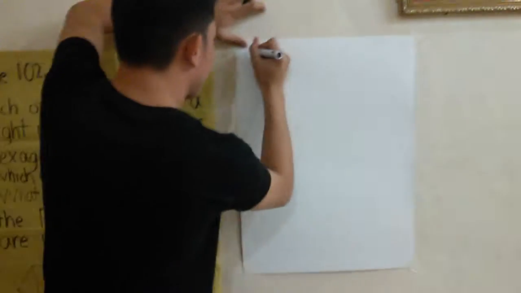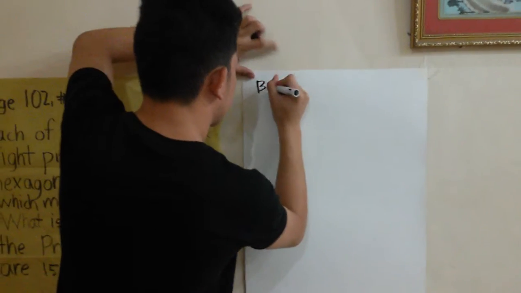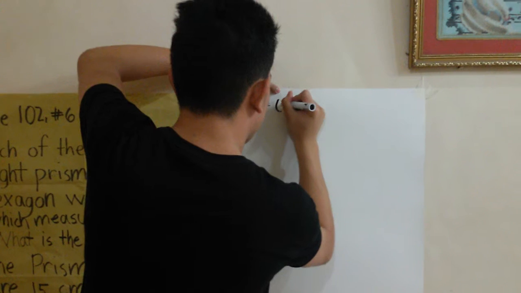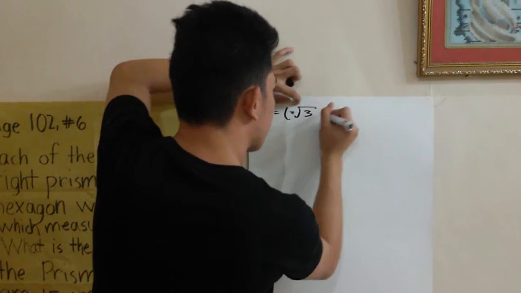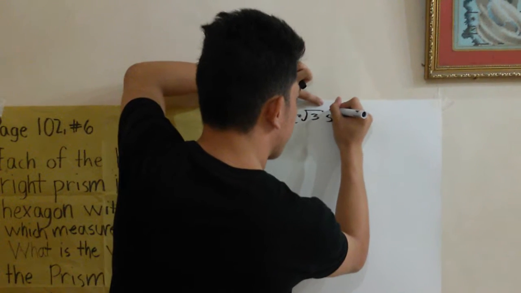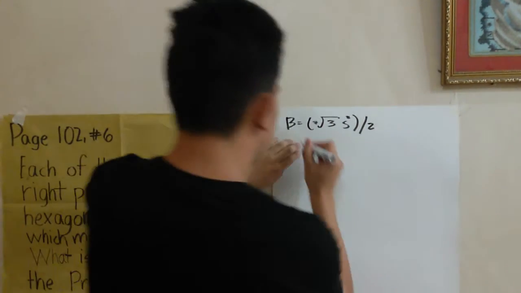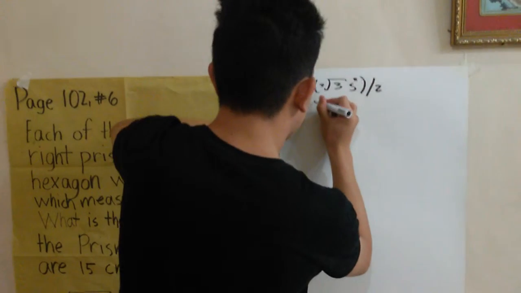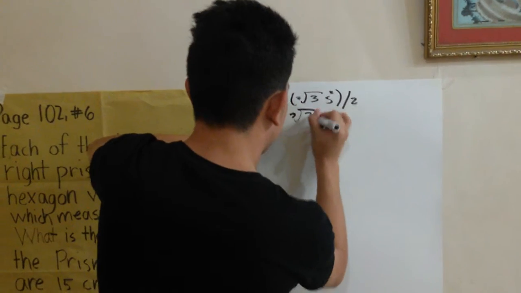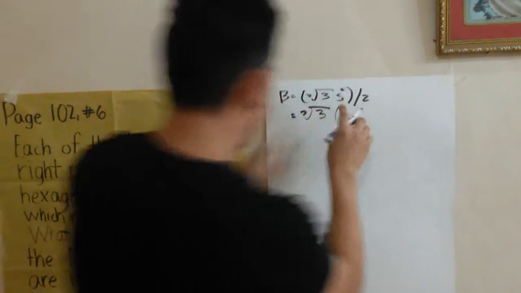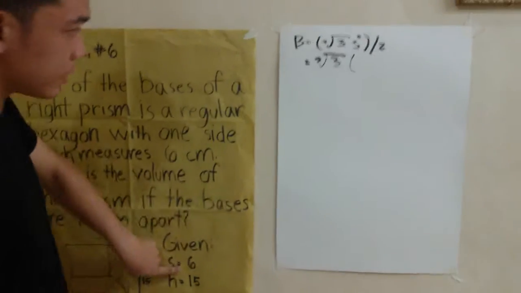So to get the area of the base, B is equal to 3 square root of 3 times s squared divided by 2. So 3 square root of 3 times, substitute 6.